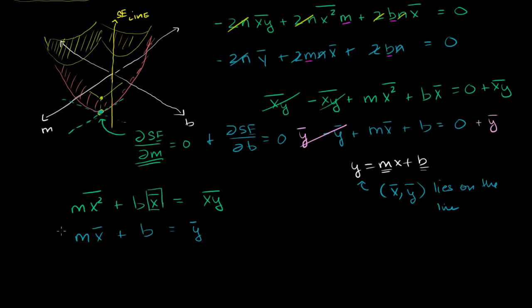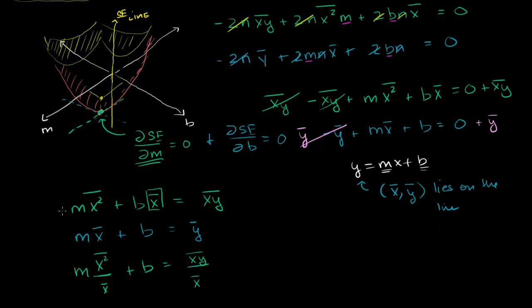If we do that, we get m times the mean of the x squareds divided by the mean of the x's plus b is equal to the mean of the xy's divided by the mean of the x's.